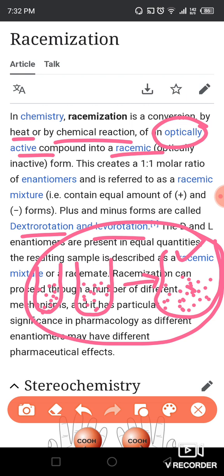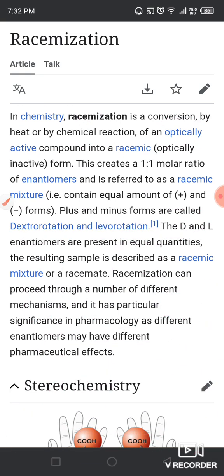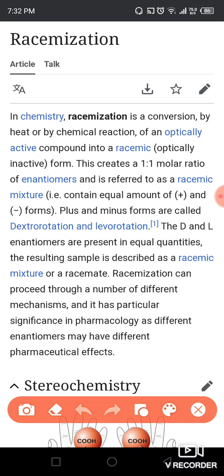So what things help in the process of racemization? Three things actually. First is heat, second is chemical reagent, and third is light. So in the presence of these three, the process of racemization occurs. Here it is mentioned that it is a conversion of an optically active compound to a racemic mixture, and the racemic mixture contains a 1:1 molar ratio of enantiomers.